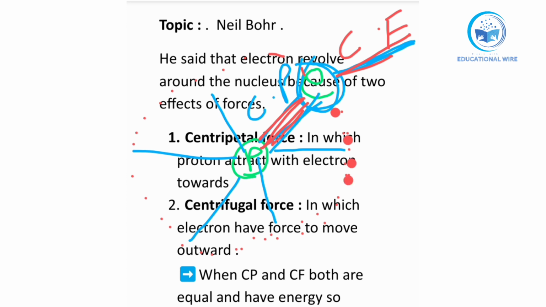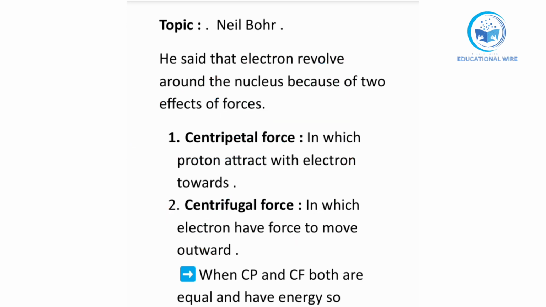Now you can see clearly. So this is how we have a stable electron. He gave a theory that we have two forces, centripetal and centrifugal force, by which the electron is stable.